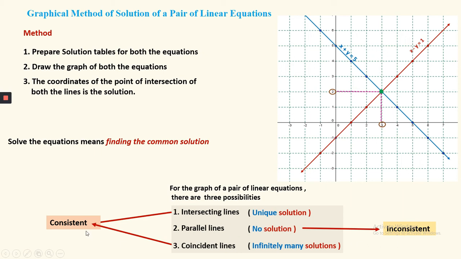So we have come to know about two more terms, consistent equations and inconsistent equations. Consistent equations have at least one solution. Inconsistent equations will have no solution at all.